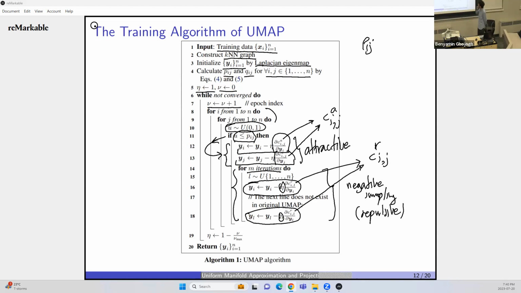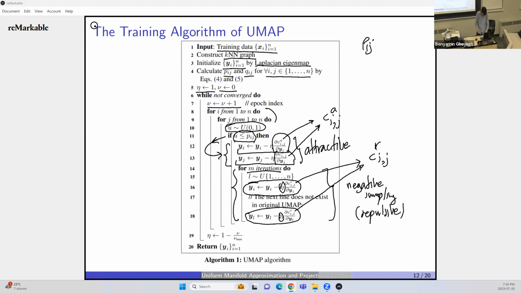You should note that the original UMAP didn't update both, because if we have a pair of similar points, I can update the embeddings of the pair. If I have a pair of dissimilar points, I can update the embeddings of the pair again, right? However, the original UMAP updated both embeddings of the similar points, but for dissimilar points, it updated only one of them. Doesn't matter. But I'm saying that we can update both of them again.